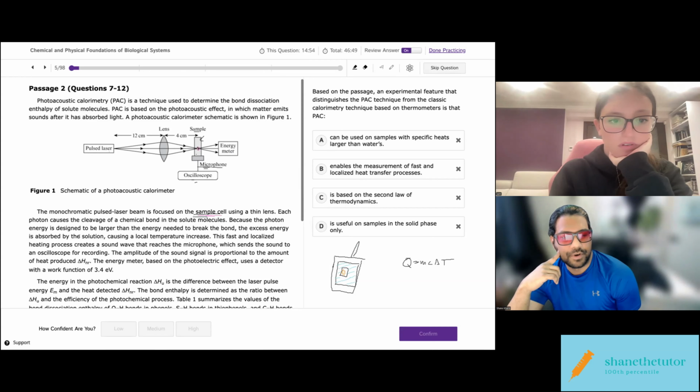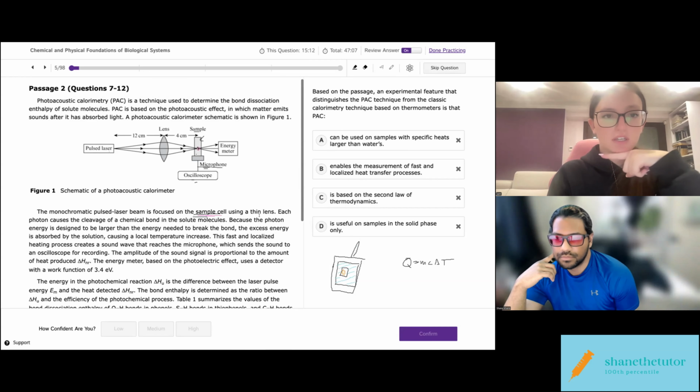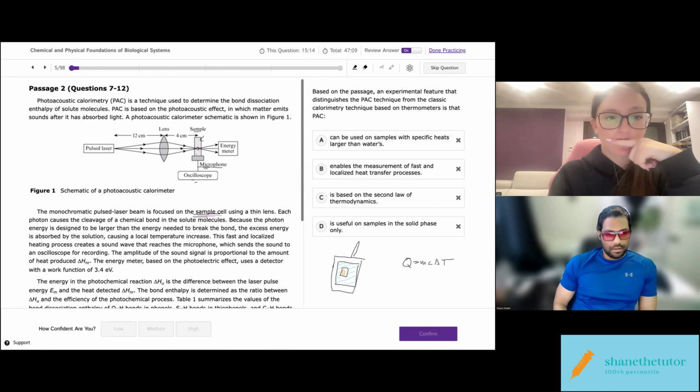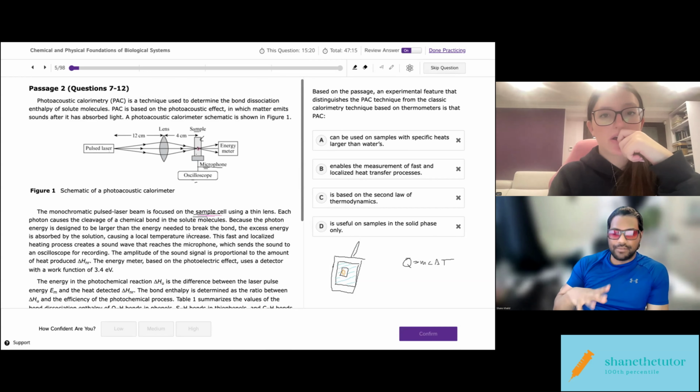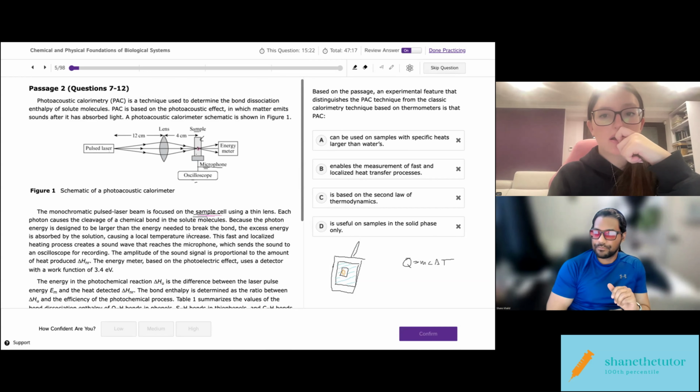What happens first? It's heated first, where the photon causes the cleavage of the chemical bond in the solute molecule. So all of this happens first, and the microphone only comes in after the heat has already increased. And that also means after the solute molecules have their bonds broken, right?